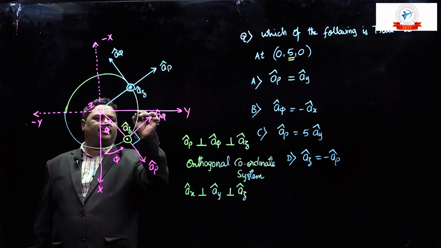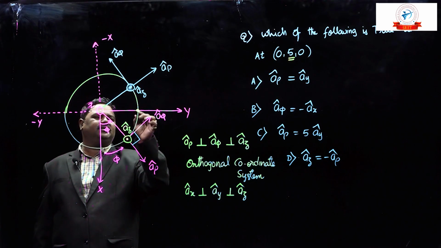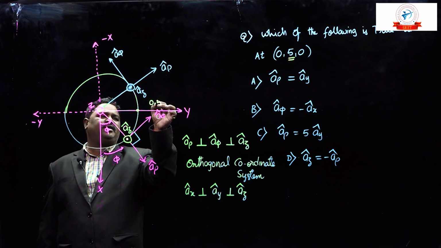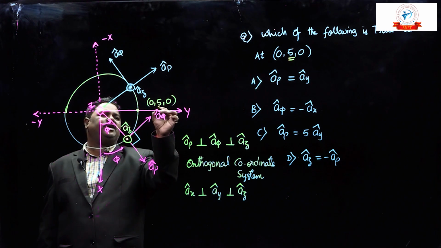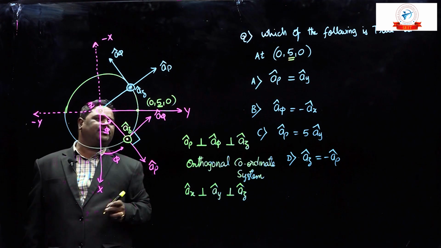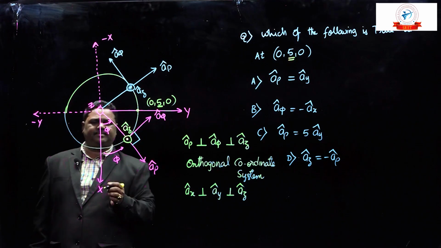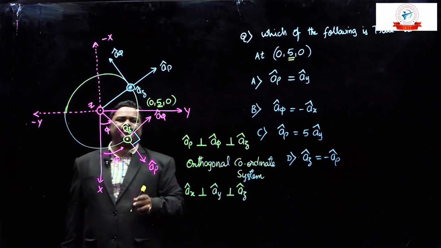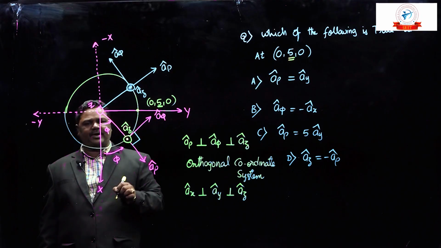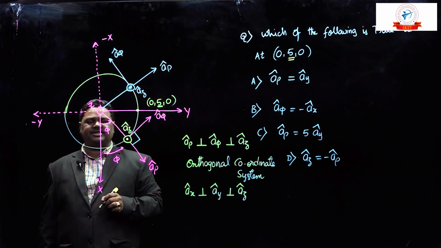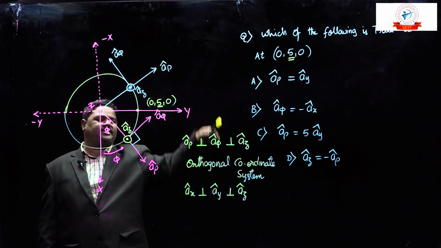This is the point I consider, (0, 5, 0). Only the y coordinate is non-zero, x and z are 0, so the point must be on the y-axis. Now at this point I am going to sketch aρ cap, aφ cap and az cap. Then we will compare with all these options.